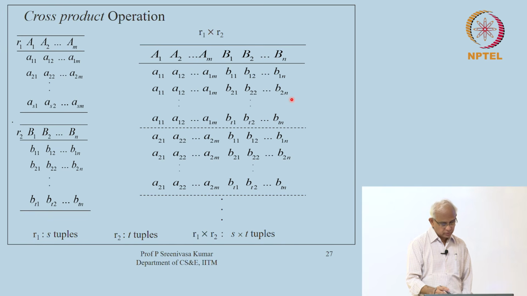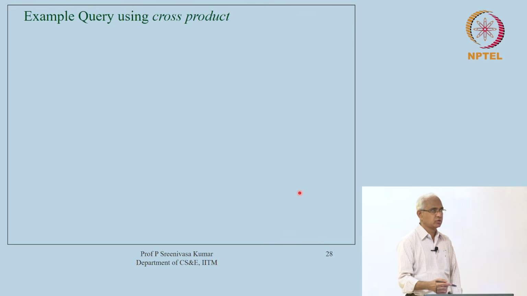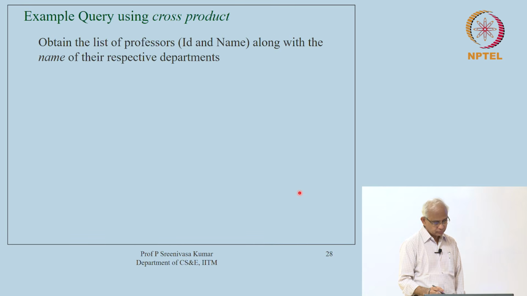Okay. So, let us look at an example situation where we will need this cross product, and we will also notice how exactly the cross product is going to be used in data retrieval queries.